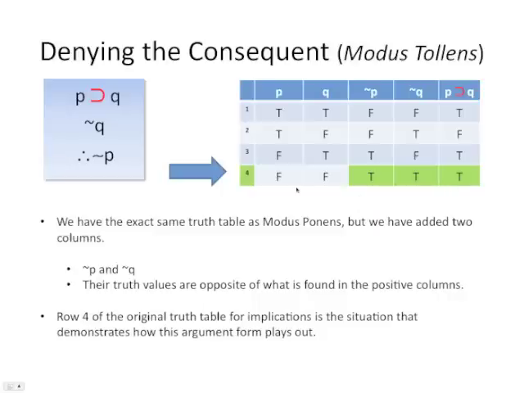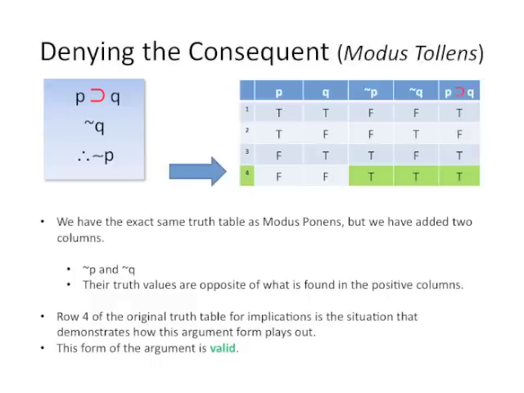If we state if P then Q, and then we state not Q, we only have one situation where we have if P then Q and the not Q, and it naturally does lead us to the conclusion of not P, and that's found in row 4.